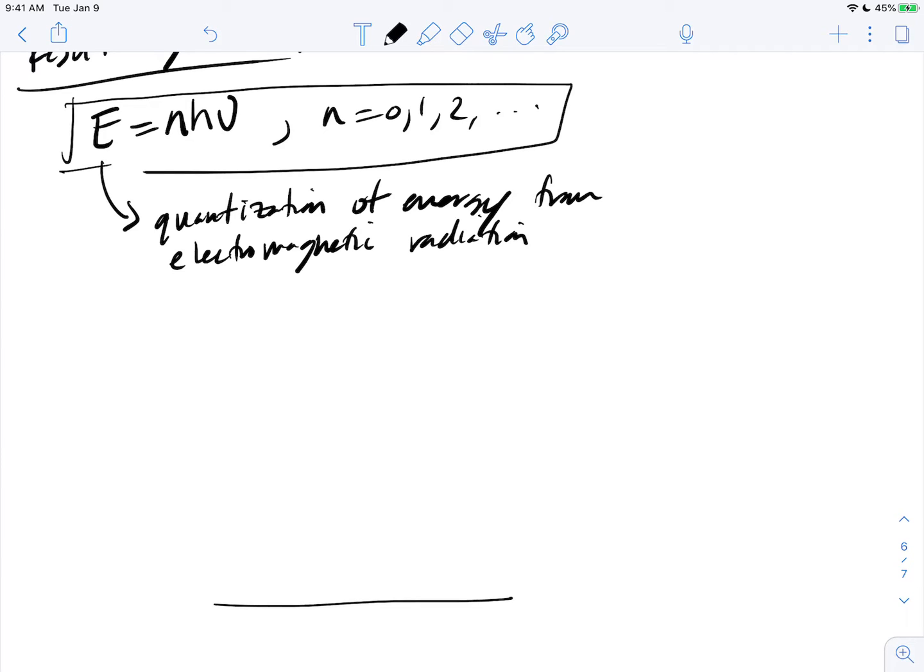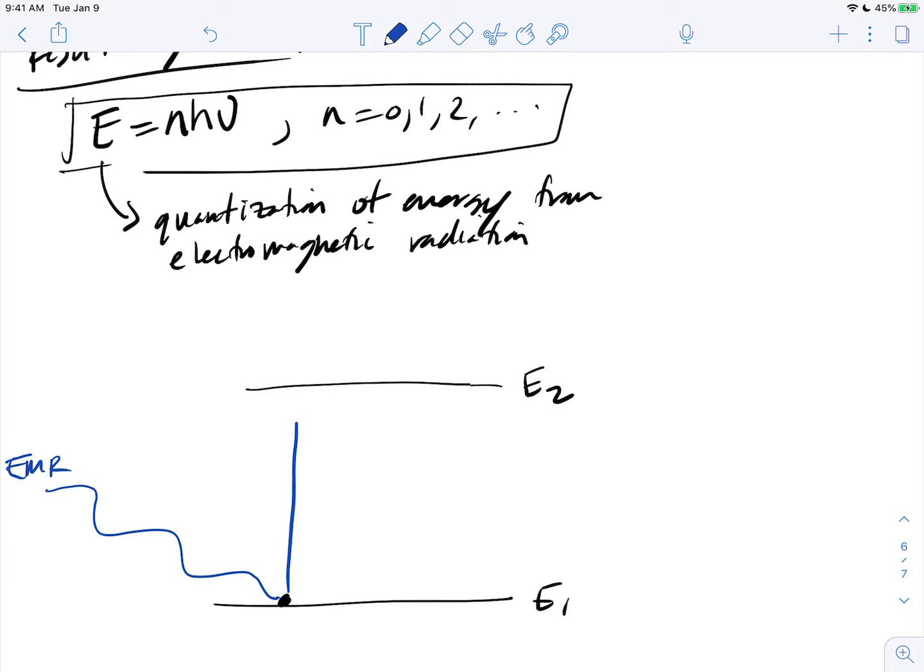A way that we can look at that graphically is very similar to what we saw with the emission spectrum of atoms, where we can have energy level 1, energy level 2. If we have, let's say, an electron, and energy comes in as electromagnetic radiation, it can excite it up to an excited state. So this is called absorption, absorbing energy.